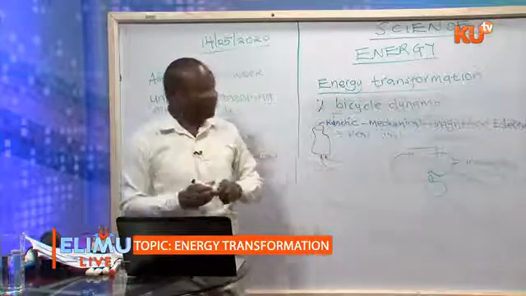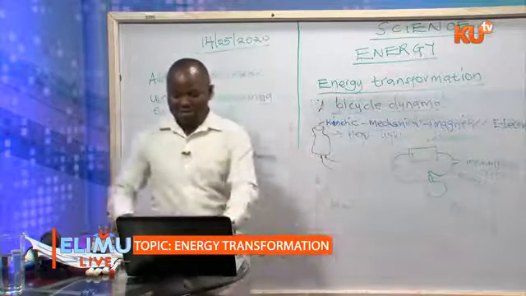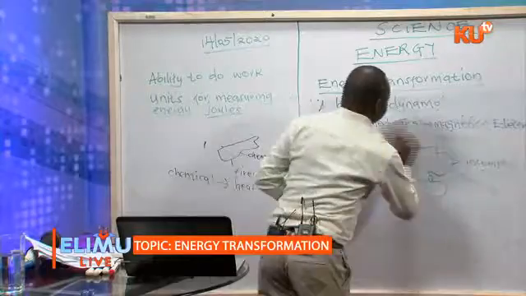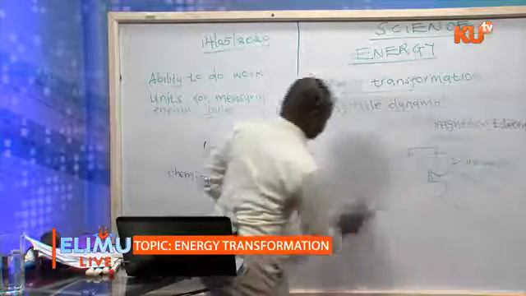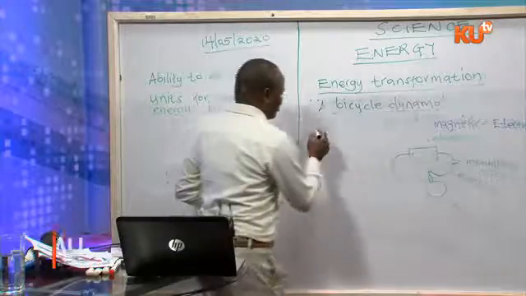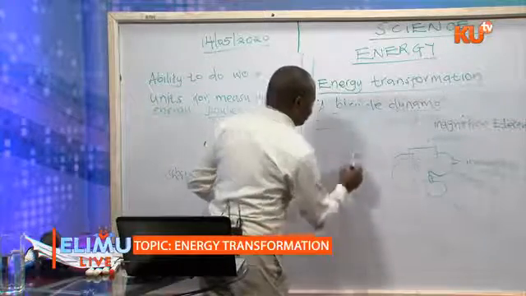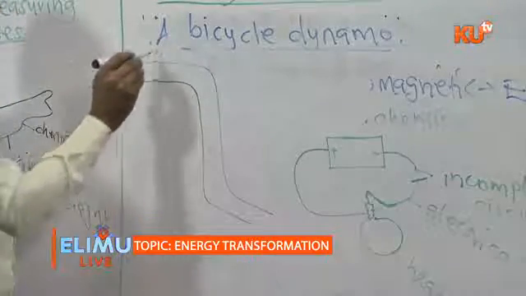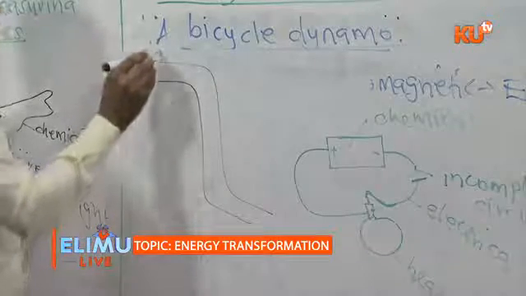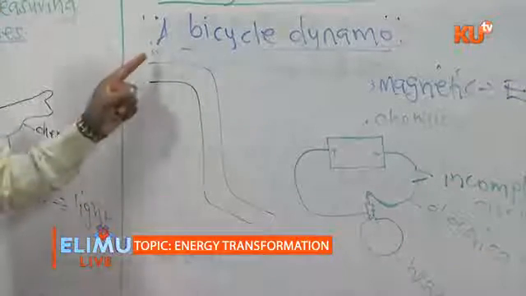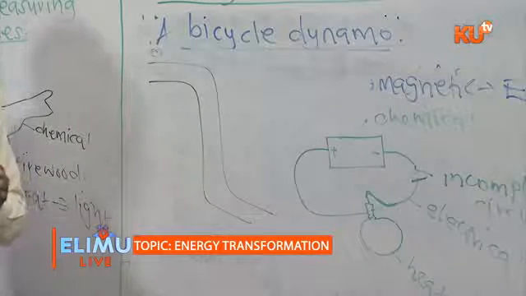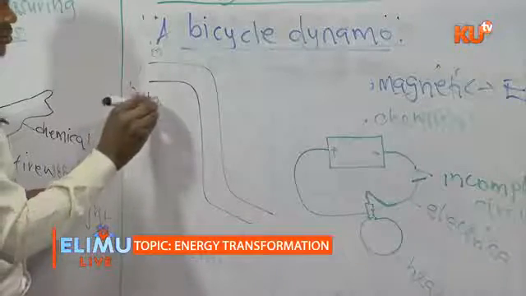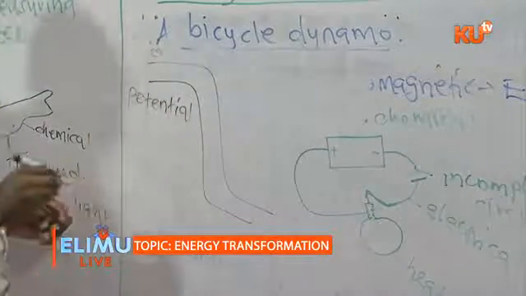Then we have another form of energy, the energy in a rolling stone. Maybe let me draw this. The stone is here, and then this stone is released. The stone itself is at rest, so it has potential energy.